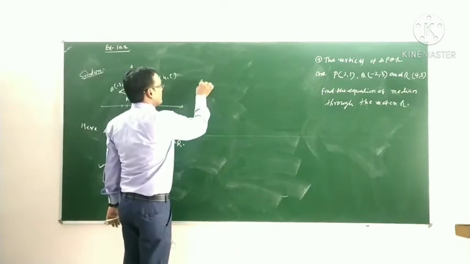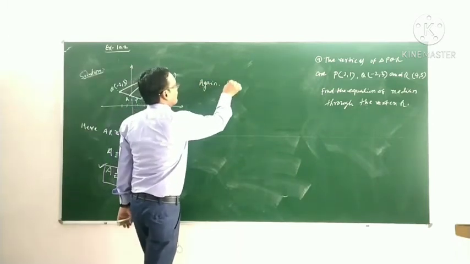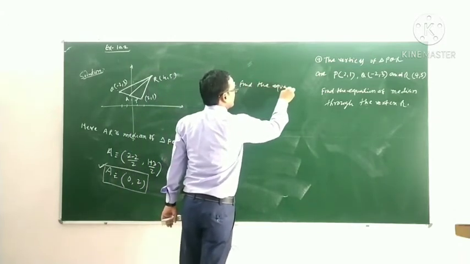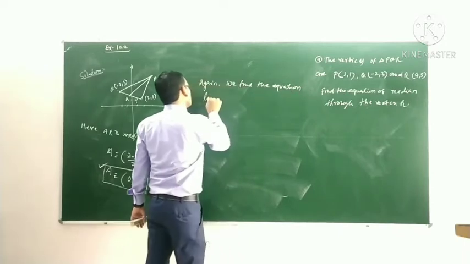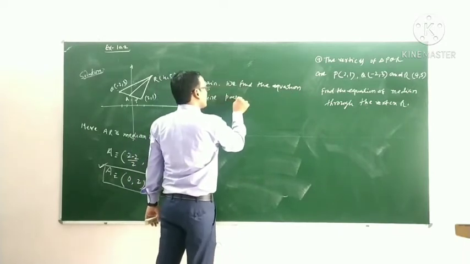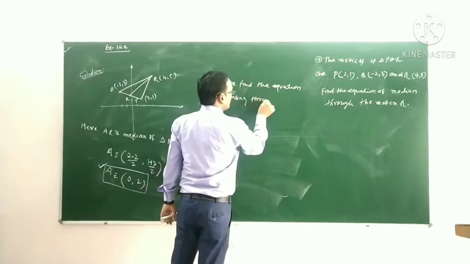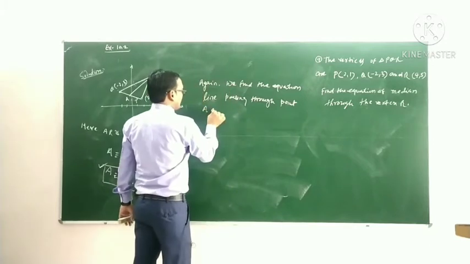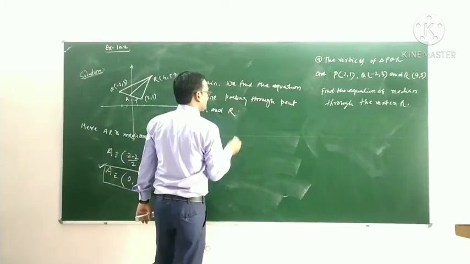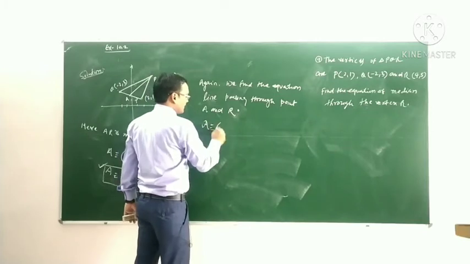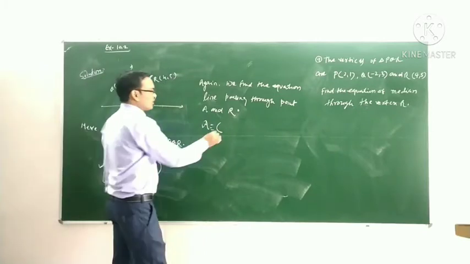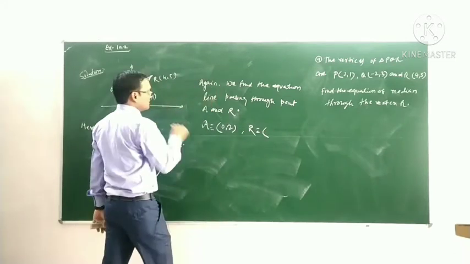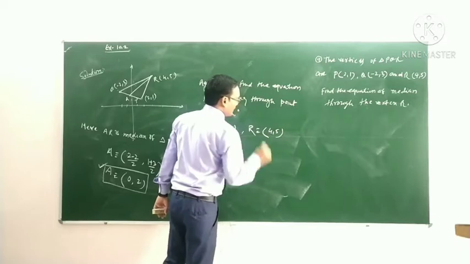Again, we find the equation of line passing through points A and R. Okay, students, here A is 0 comma 2 and R is 4 comma 5.